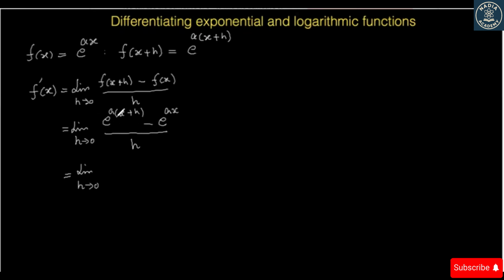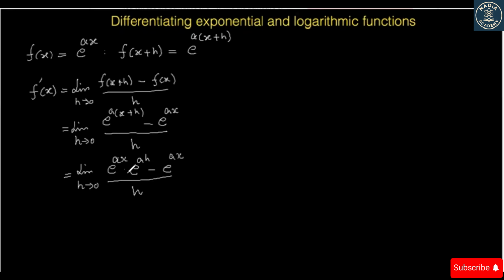Now we have the limit as h approaches 0. The first term of the numerator, we can split into e power ax times e power ah, because these powers are adding up. Then we have minus e power ax, divided by h.